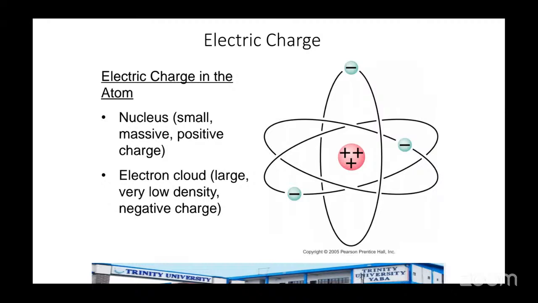However, they both possess masses. The neutron has a mass equivalent to the mass of a proton. The mass of a neutron is 1.67 times 10 raised to minus 27 kilogram, while the mass of a proton is also 1.67 times 10 raised to minus 27 kg.